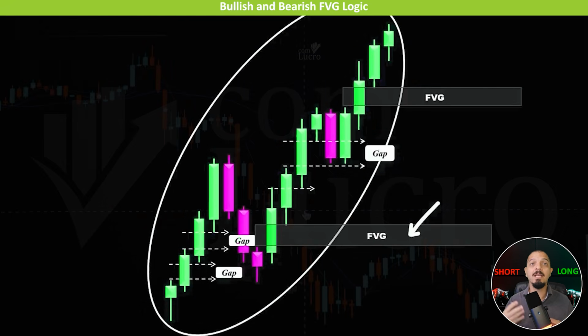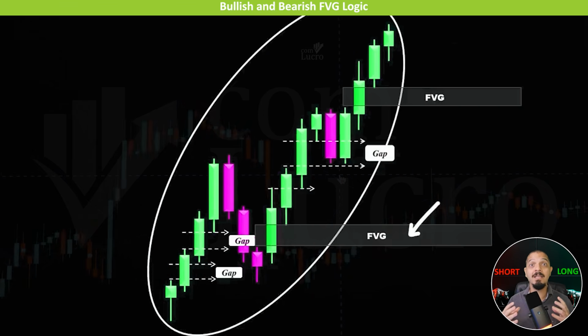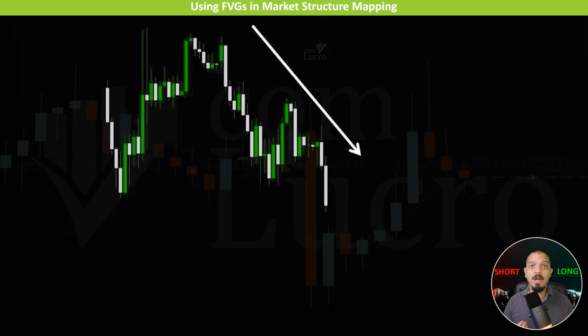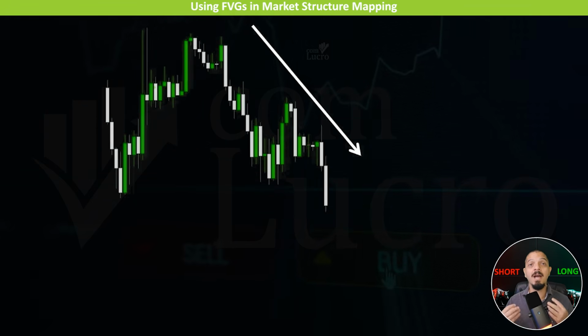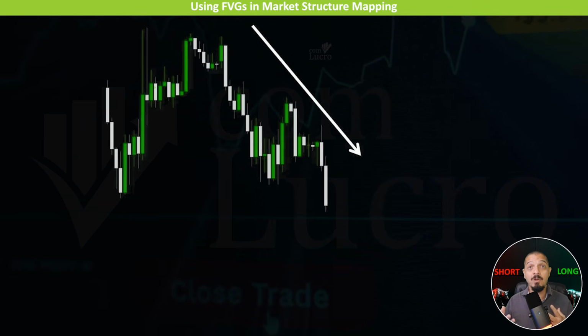Now, let us take a quick look at a real chart to see how we can use the fair value gap concept in market structure mapping. Here, as you can see, the dominant direction of price is bearish. To identify fair value gaps with high probability, we first need to wait for price to form a valid break of structure.